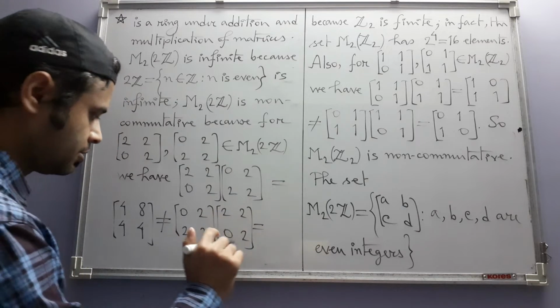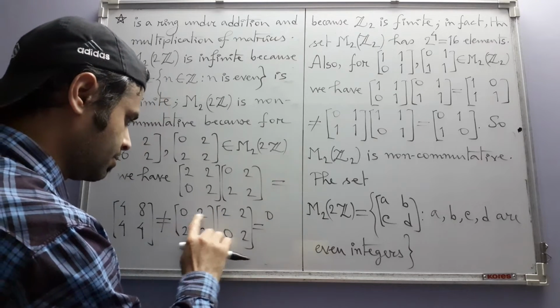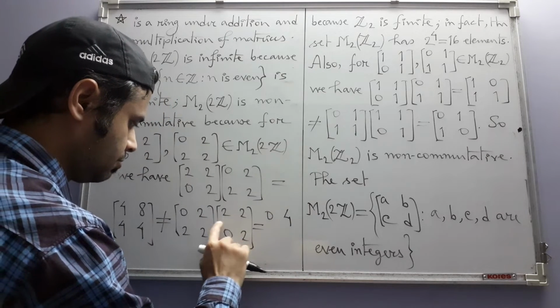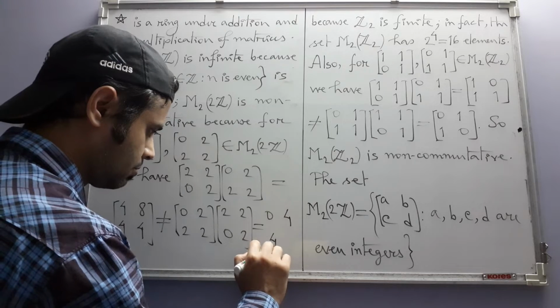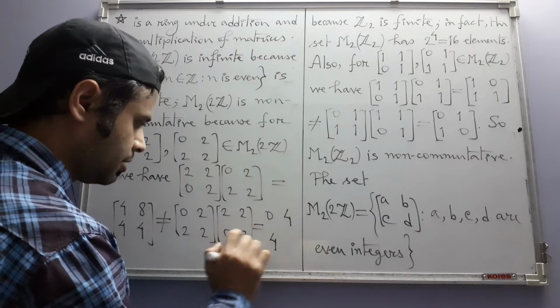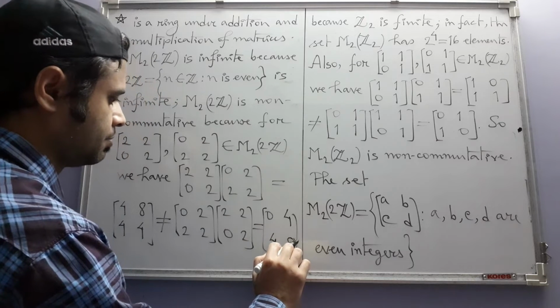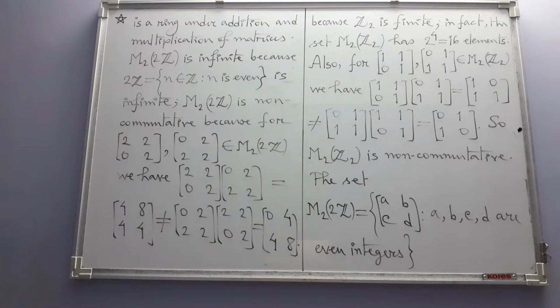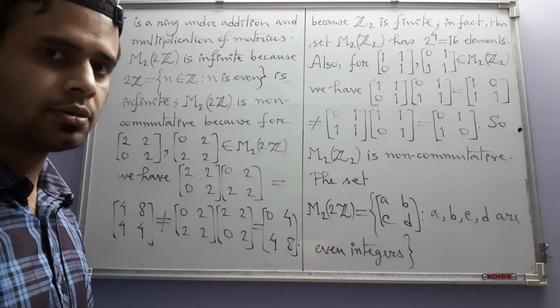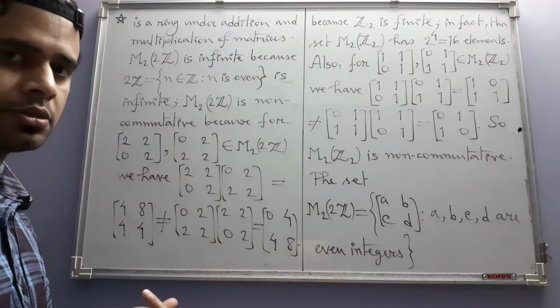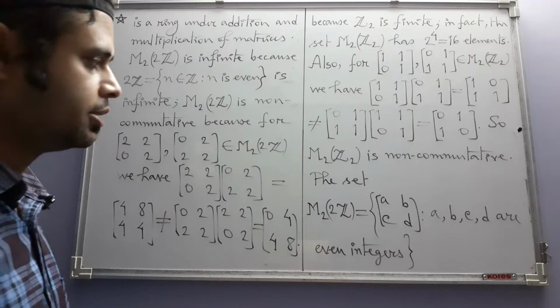This is 0 plus 0, 0, 0 plus 4, 4, 4 plus 0, 4, 4 plus 4, 8. Okay, so our ring is infinite and non-commutative, but besides that we also have to show that there is no unity.